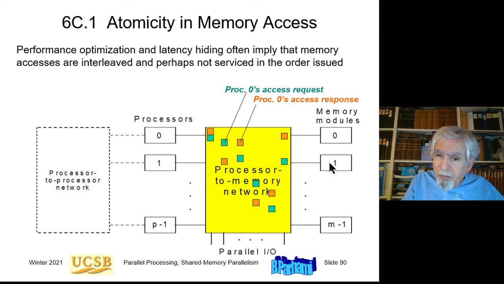The memory bank can service only one of those, and the other one must wait for a long time until this memory bank becomes free. So even if they arrive on consecutive clock cycles, so this one arrives in clock cycle I, the one from this processor arrives in clock cycle I plus 1, the difference between cycle I and I plus 1 is not enough for the first access to have been completed, and therefore the second one must wait.